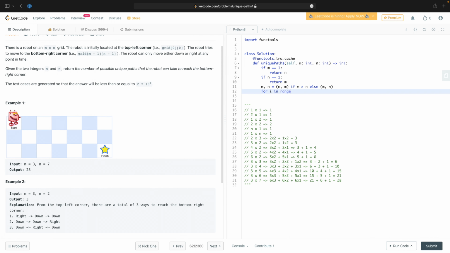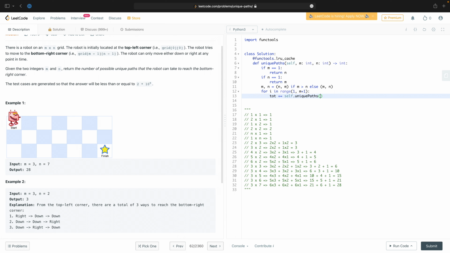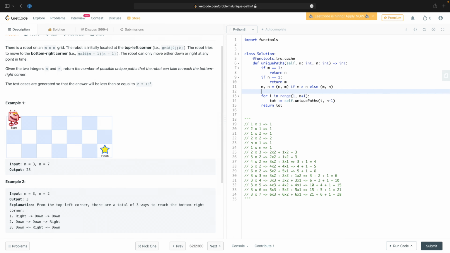For i in range 1, m plus 1, I want to do tot plus equals self.unique paths, i, n minus 1. Whoops. Return tot equals 0. Right. I'm a little rusty on my Python, so let's just double check this.